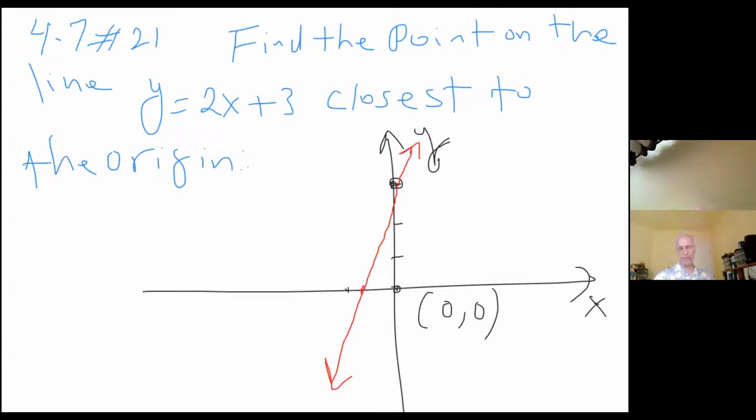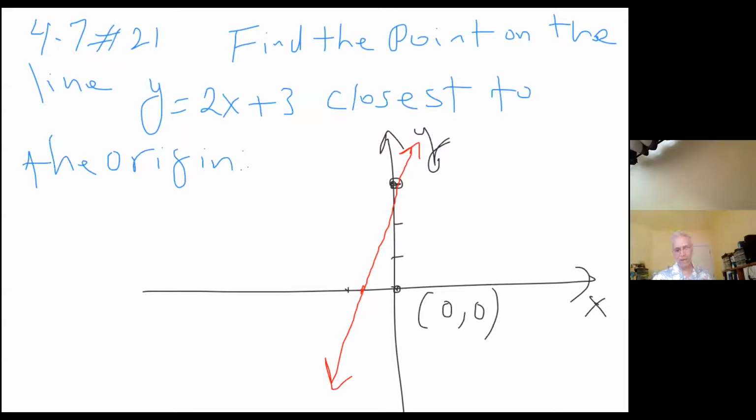And there's a point located on that line, 2x plus 3, that has the shortest distance to (0, 0). Okay, where is that point?